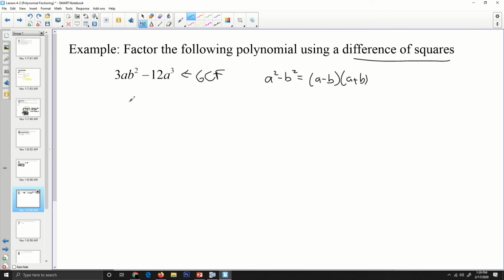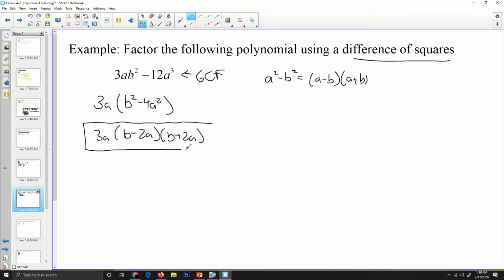The greatest common factor between these two terms is going to be 3a, and that'll leave me with b squared minus 4a squared. In this particular instance, my leading square is b squared, and my finishing square is 4a squared. The square root of 4a squared is just 2a. So this thing's going to factor into b minus 2a and then b plus 2a. And that is a bunch of linear factors, so we're going to leave it like that.